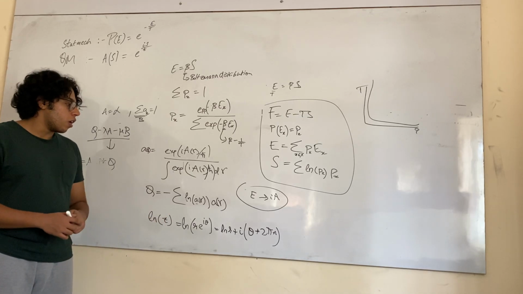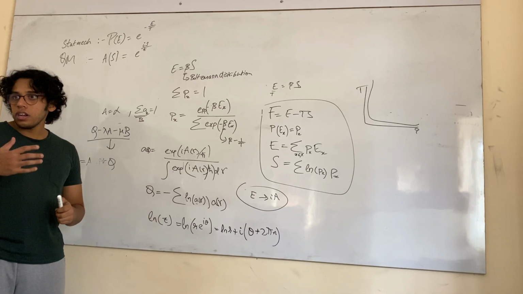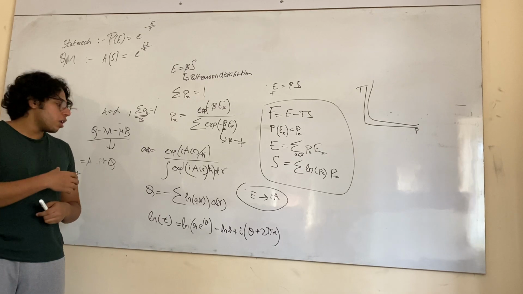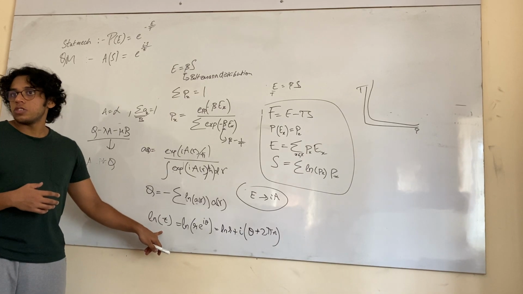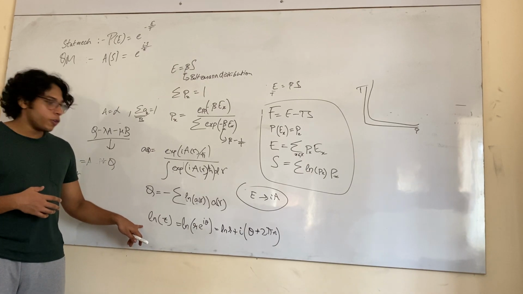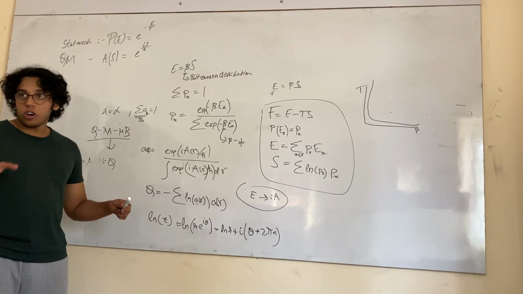So you have any multiple of 2 pi n which will give you the same logarithm. So there is no clear way to define this logarithm.